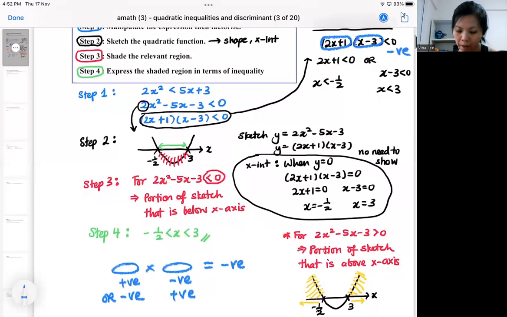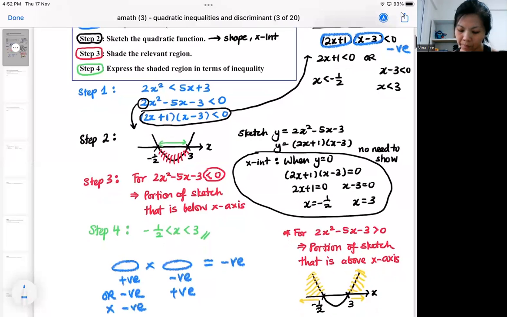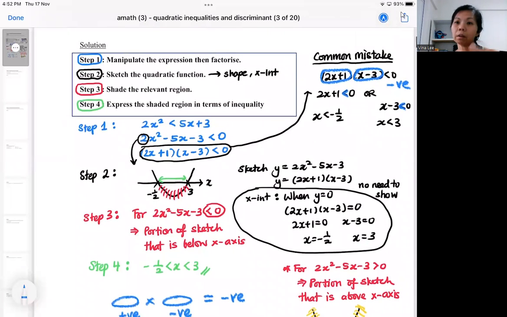But no way I can have both negative, because if both are negative, like this portion here, then you are going to get a positive product. So that is one of the common things a lot of people will do. We actually don't entertain that, so try not to make this mistake.